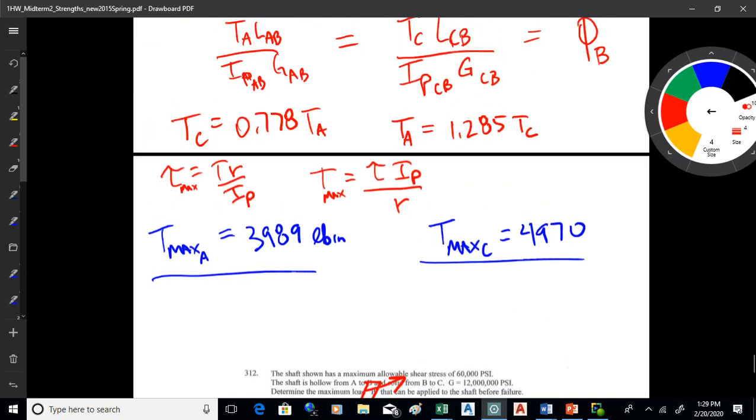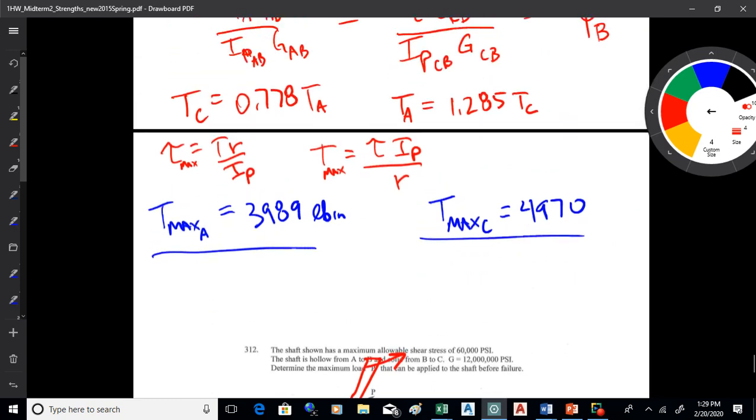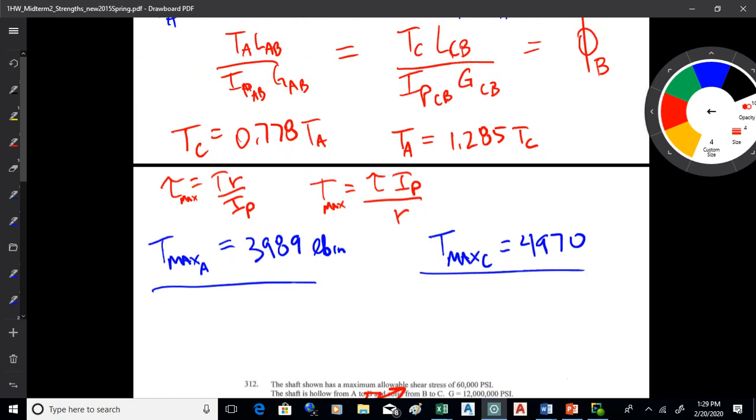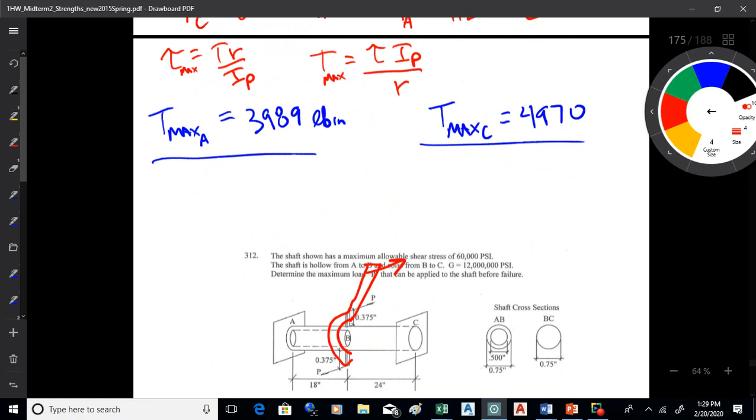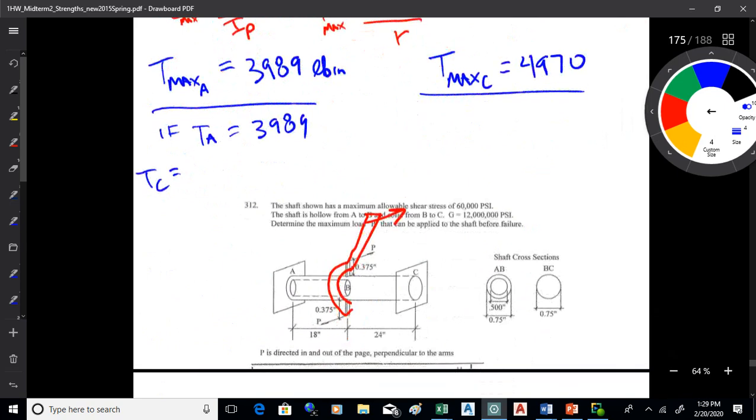So if I take the A side out to its maximum of 3989, let's see what C would be. If the torsion at A equals 3989, the torsion at C will be 0.778 times that. And that'll get me the torsion at C. And if that's the case, the torsion at C is 3103.